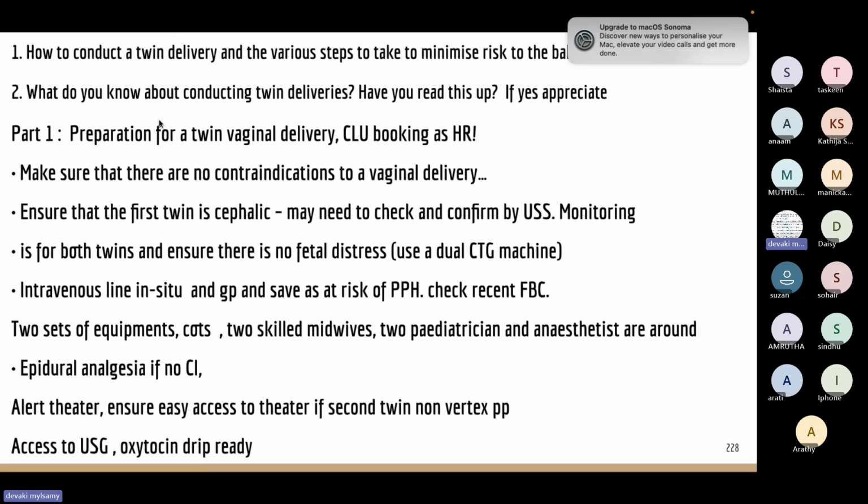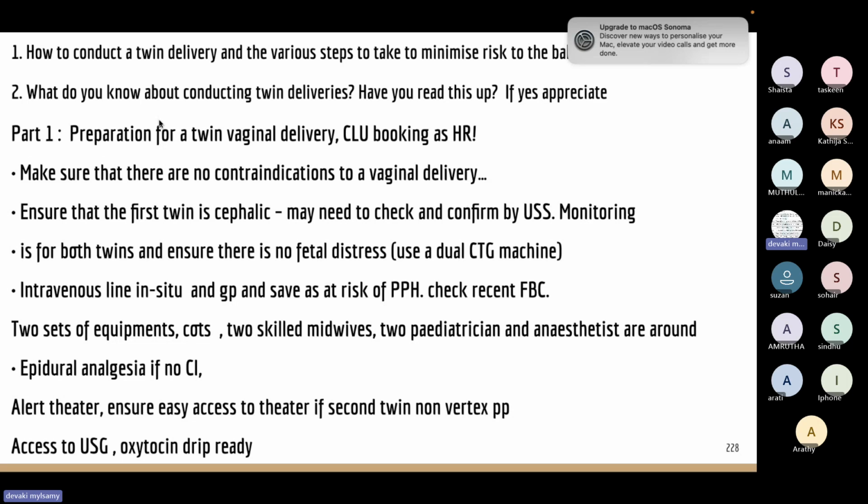Dual channel CTG monitoring machine will be available throughout the labor monitoring. IV line in situ, group and save, as these patients are at risk of PPH. You can group and save in those cases where the risk of PPH is pretty high.